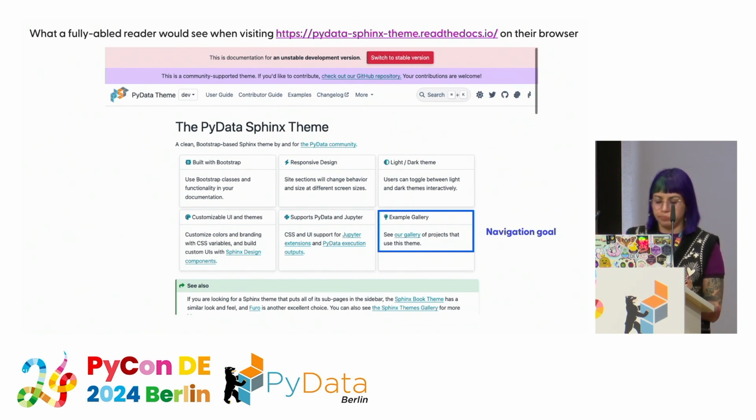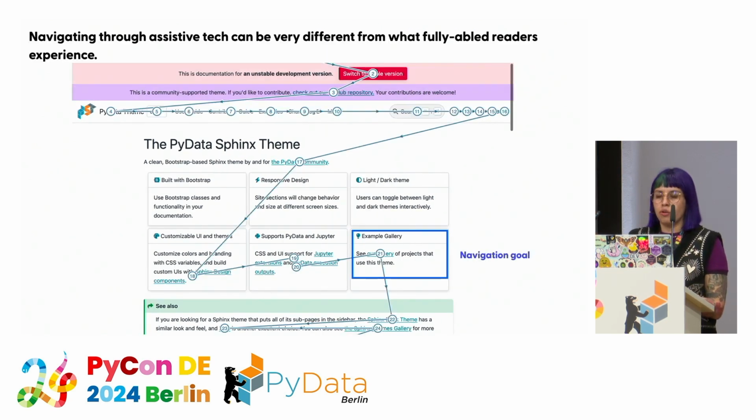That's 2 steps. For a blind person or someone with motor disabilities that cannot use a mouse or scroll, that's how they navigate. Right? So if I'm using just keyboard and tabbing, then my navigation goal, you can see the numbers, becomes step 21. It's a huge difference from a 2-action step.